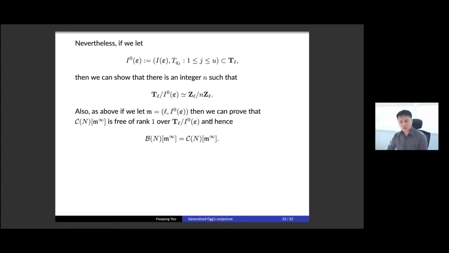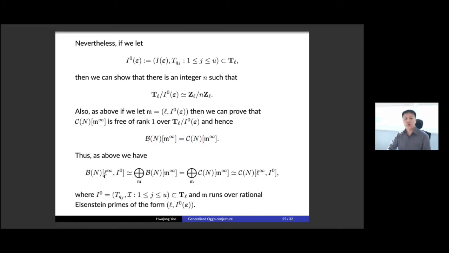Anyway, we can prove the M-primary part of C_n is actually free of rank 1 over this ring. And therefore, we can prove these two M-primary parts are equal.